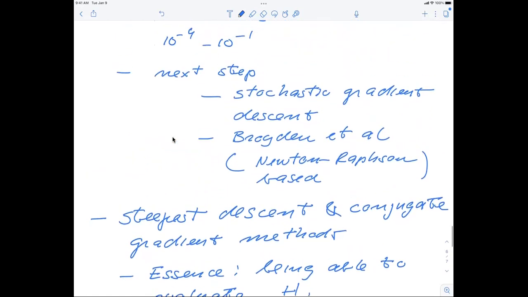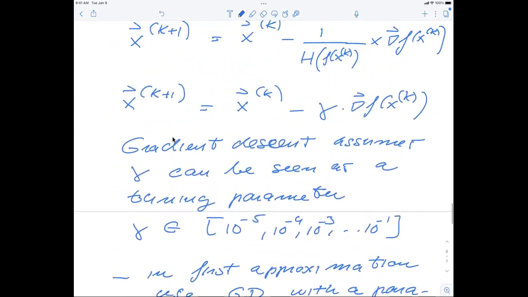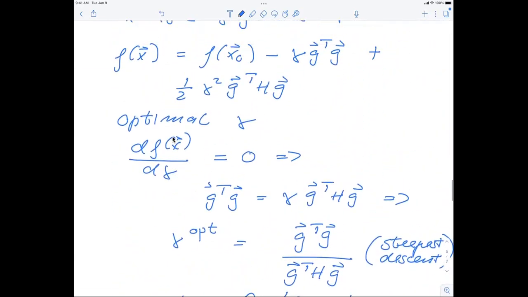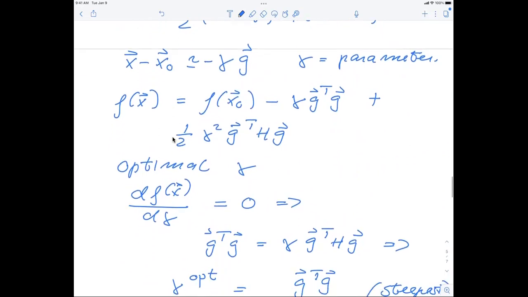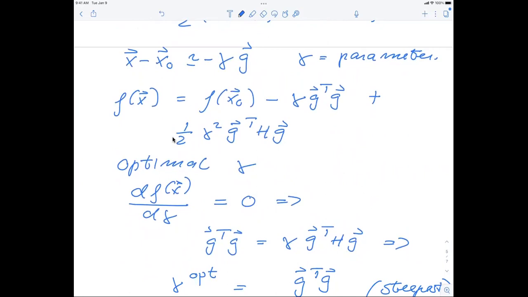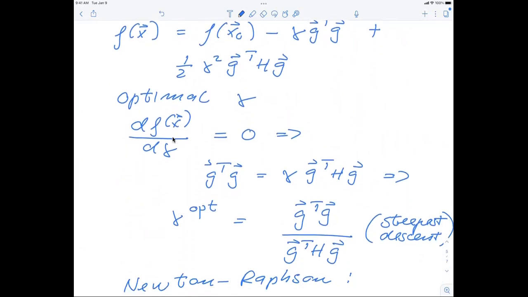Now, I want you to look at this problem from another point of view. If we go back to the simple Taylor expansion which we made, we can make this a little bit more abstract or more formal. We started with a Taylor expansion of the function f of x. When we wanted to optimize the parameter gamma, we found an expression given by the gradient, its transpose times the gradient, divided by the gradient multiplied with the Hessian matrix.